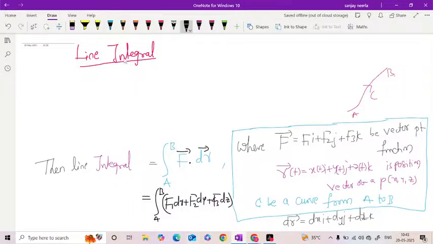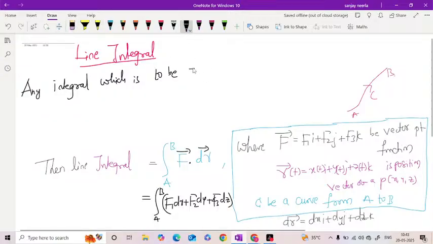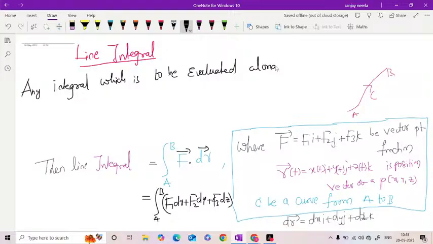Okay, so now come to the definition of the line integral. The line integral is any integral which is to be evaluated along the curve, here C is the curve, is called a line integral.